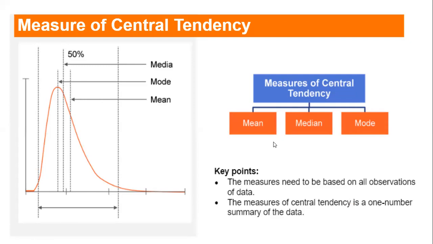There are three parts: mean, median, and mode. Whenever somebody asks what the different kinds of measures of central tendency are, these are the three: mean, median, and mode. They all talk about something around the center.